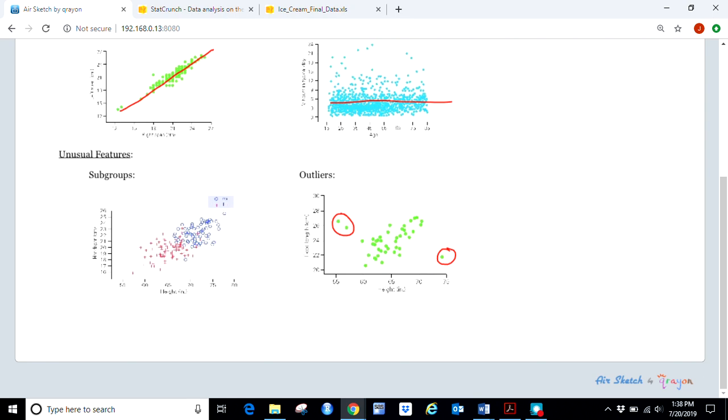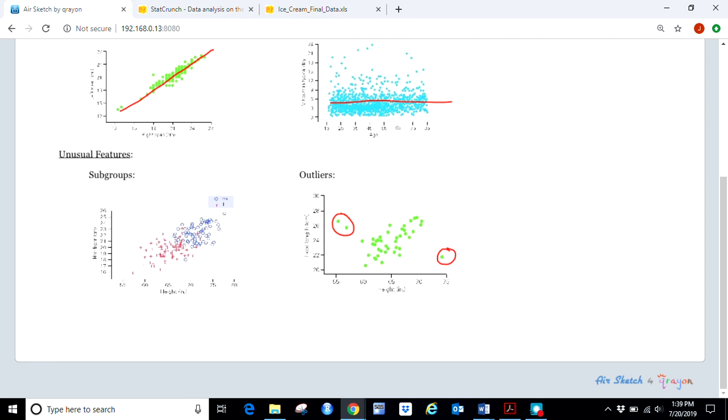A blue circle is a male, and the red plus is a female. You see this separation that most of the red tend to be down here, and most of the blue tend to be up here. So gender is explaining things here as well. That might be something else we would want to take into account and look at the two genders separately, for example.